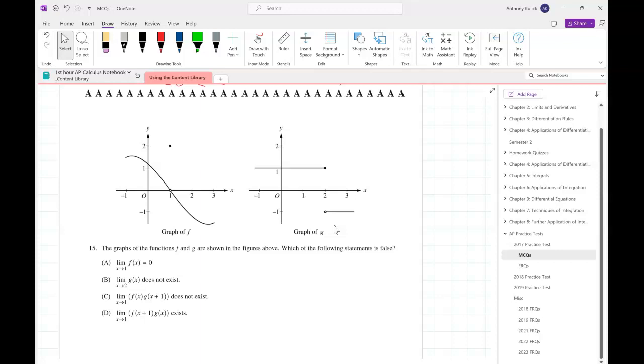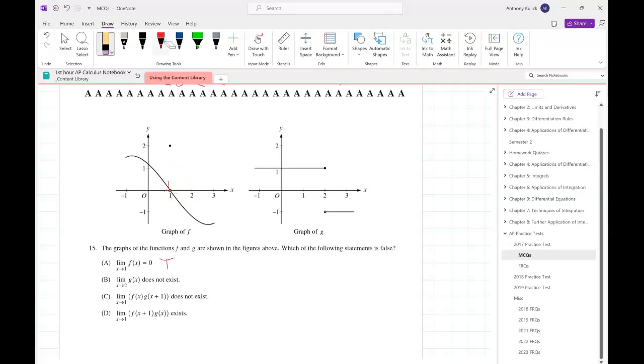So it says, which one of these is false? The first one is the limit as x approaches 1 of f of x is equal to 0. So there's 1. Does that limit exist? Yes, because the right end and the left end are both heading to the same point, and that point is at the y coordinate of 0.